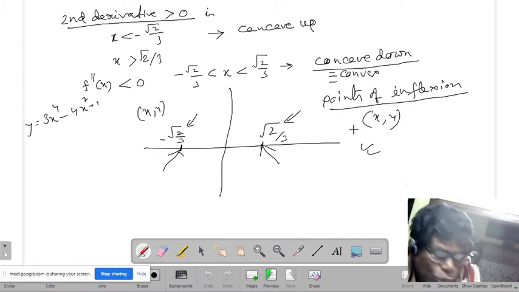So actually we are doing parts of the total knowledge called curve tracing. Without getting all the points, you have to draw the curve.